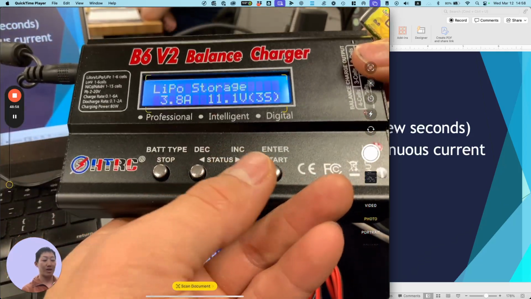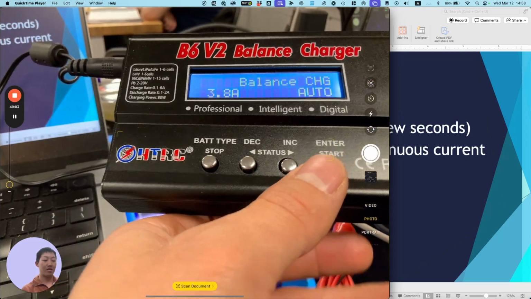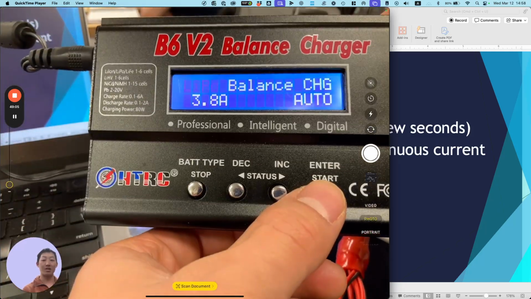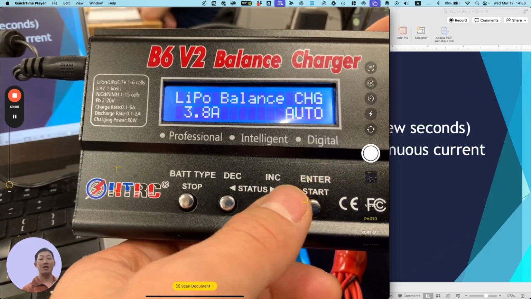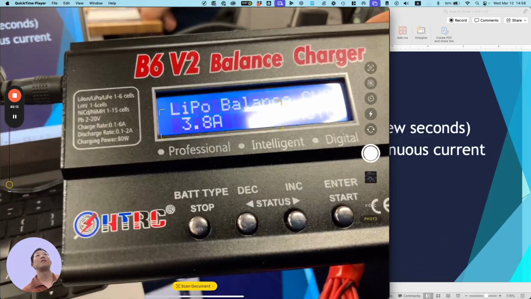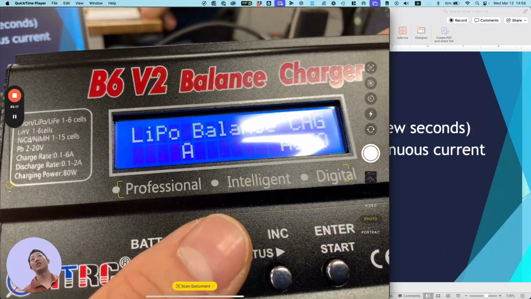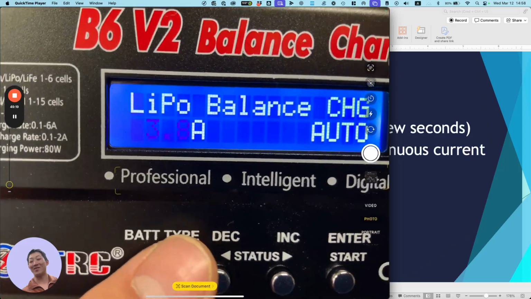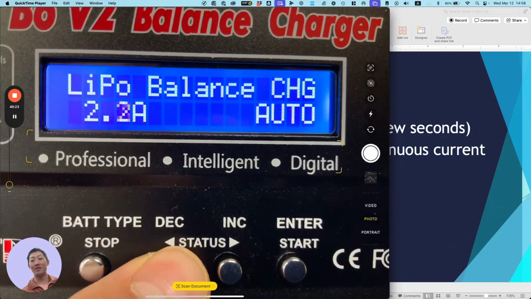If I go to balance charge, okay, LiPo, I'm pressing start and it's asking LiPo, right? Yes. Then it's asking, what current do you want? 1C. Which is what in amps? Because it's asking for amps. 0.55.